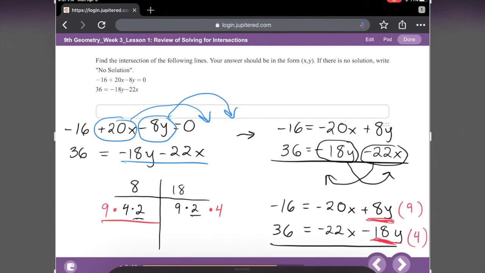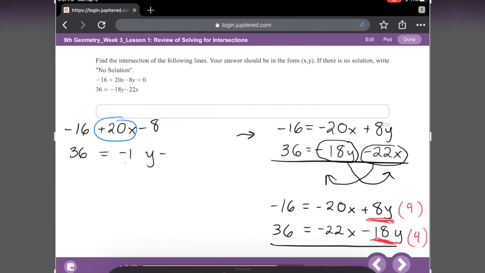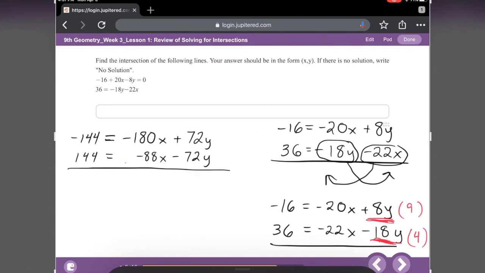Okay, let me clear off some space. I'm going to cut for a minute, and I'm just going to rewrite the problem over on the left. Okay, so I just took a moment to copy down the problem over here after multiplying the top equation by 9 and by multiplying the bottom equation by 4.